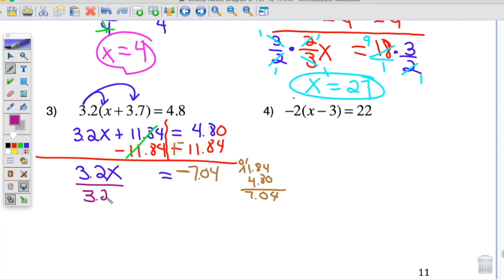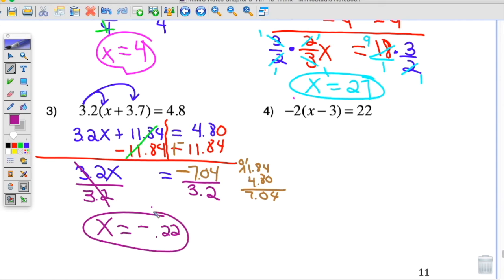Get the x by itself, divide both sides by the 3 and 2/10. Our 3 2/10 cancels out. You're left with x equals. On the right, I have a negative divided by a positive, which is negative. And then you can use your calculator to divide. Remember, the negative 7 and 0/100 goes in first, divided by the 3 2/10, and you end up with negative 22/100.